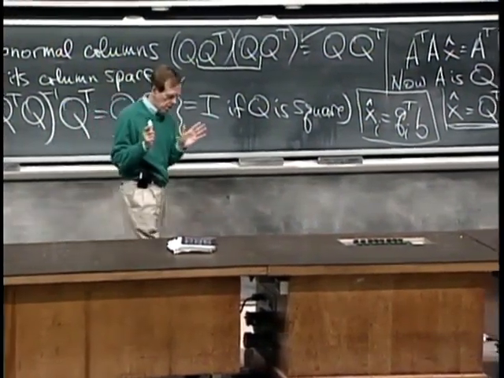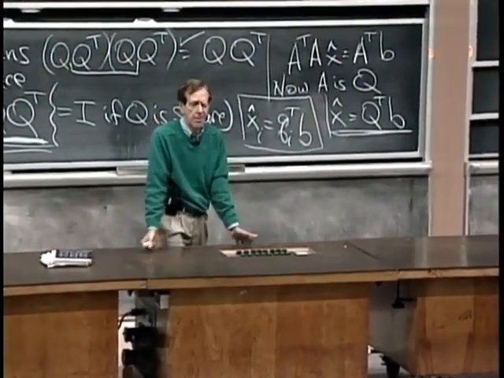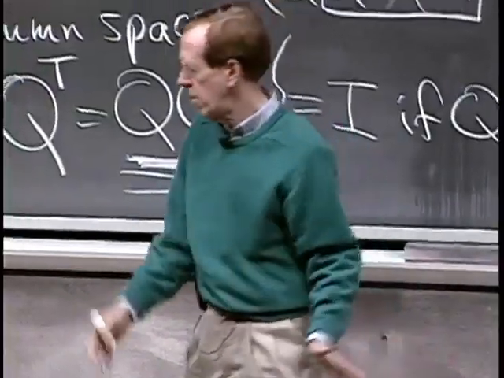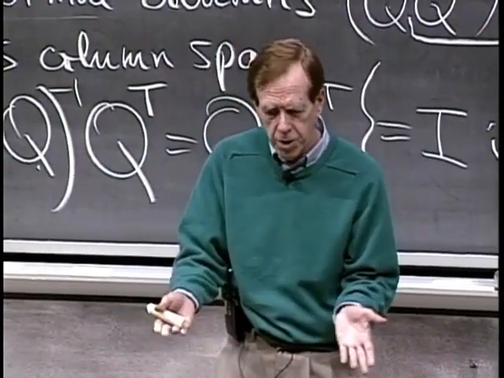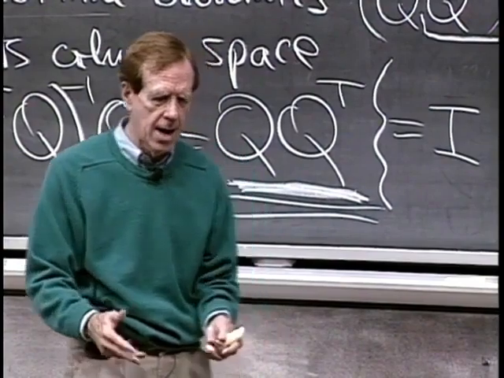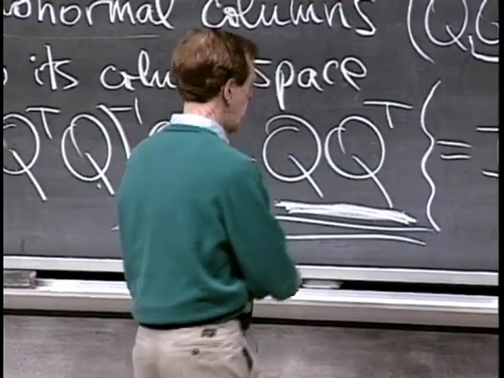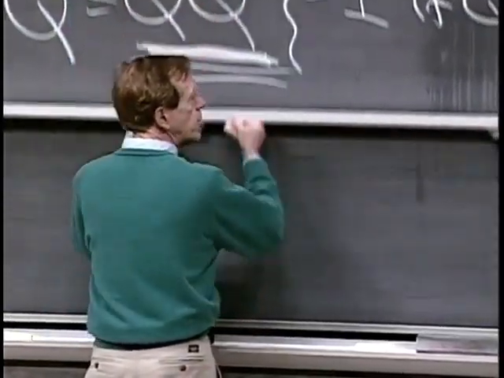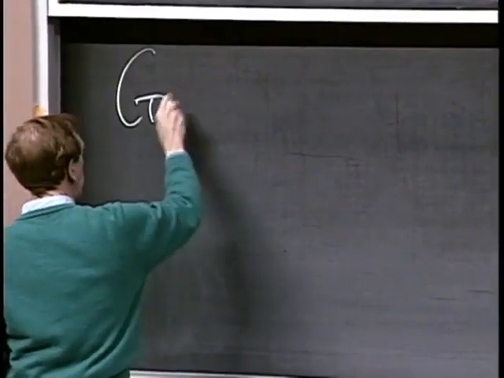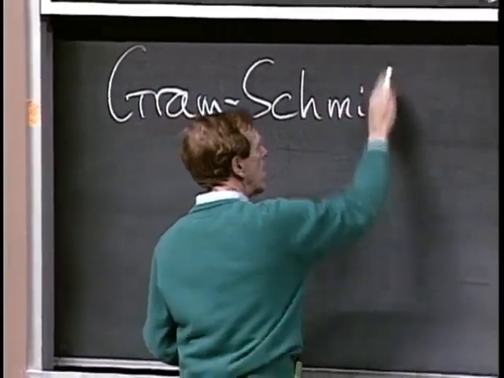Okay, I'm ready now for the second half of the lecture, where we don't start with an orthonormal matrix. We just start with independent vectors and we want to make them orthonormal. So can I do that now? Here comes Gram-Schmidt.